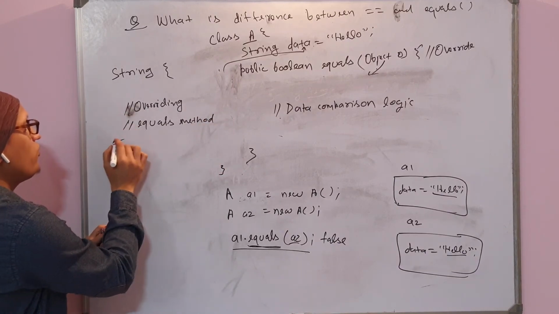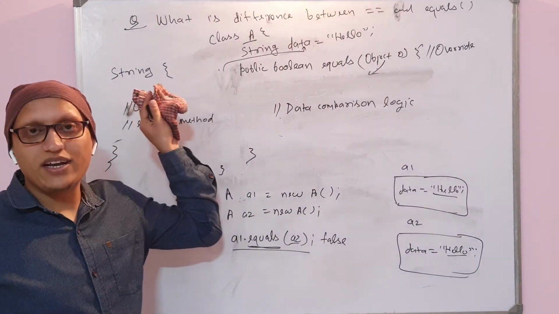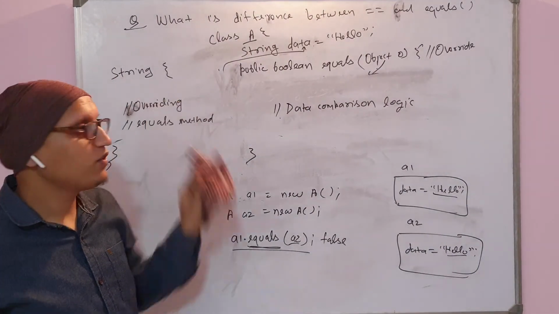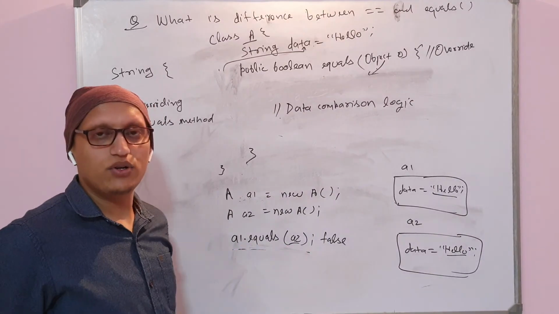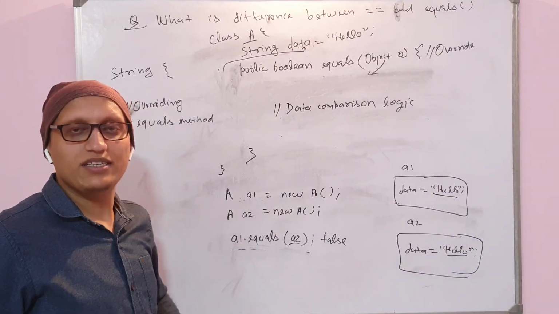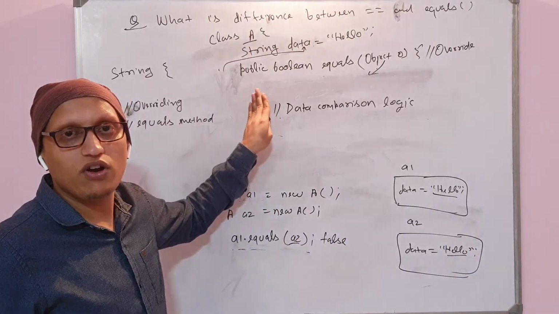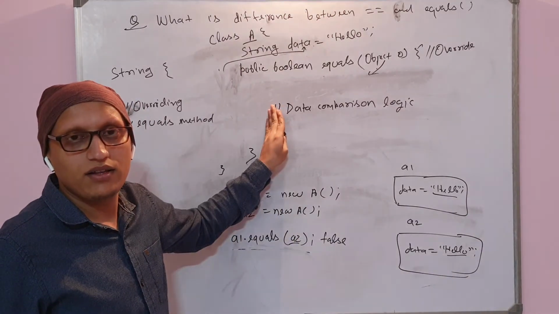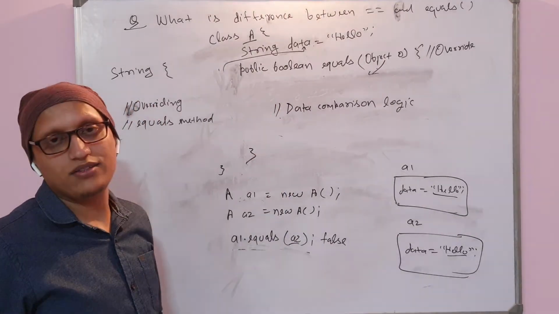So this is not having the default implementation of the Object class equals method. So to make the comparison, if you are writing your own class and you want to compare objects of the same class, you need to override the equals method. You need to give your definition for comparison on the basis of content. Then the equals method will work when you are defining your own classes.